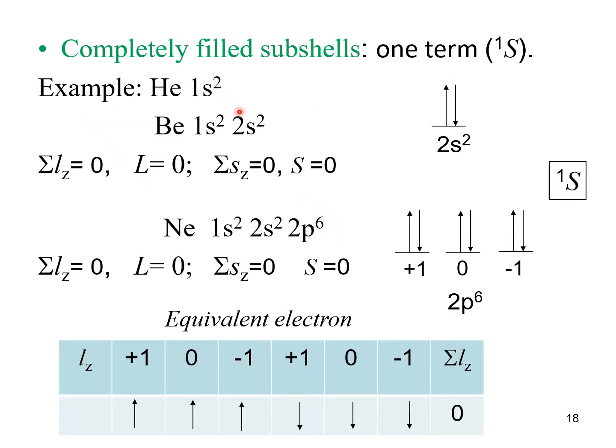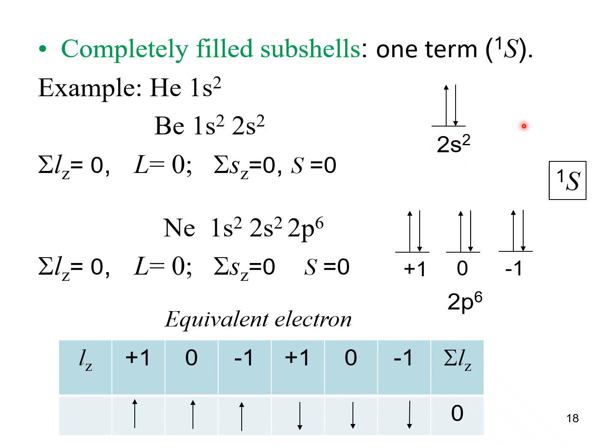Here are other examples of closed shells, such as helium and also neon. For helium, the configuration of the electrons is 1s2, and for beryllium it is 1s2 2s2. So when we arrange these two electrons in the orbital, they will be paired up. The total orbital angular momentum quantum number with reference to the z-axis for these two elements equals 0 because both are in the s orbital, so Lz equals 0.